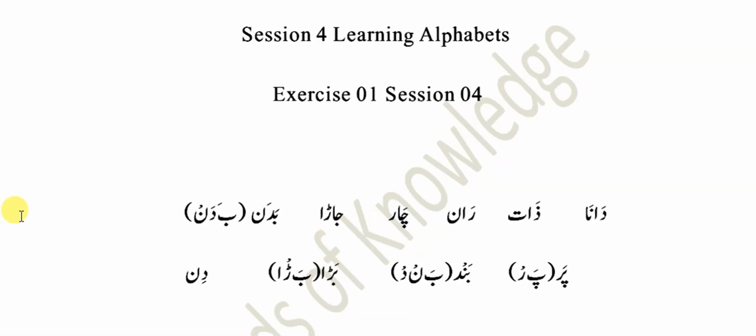So I write all these in front of you, then I'll pronounce all these and you need to pronounce them aloud after my pronunciation. Okay, so here are the words. Read the words aloud.